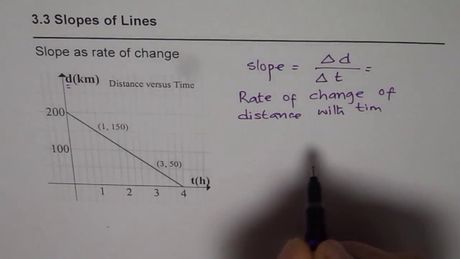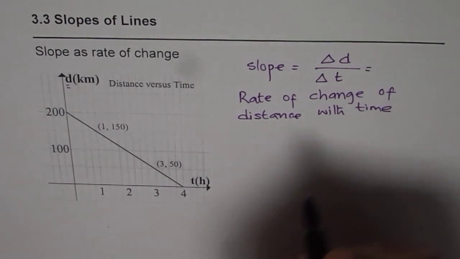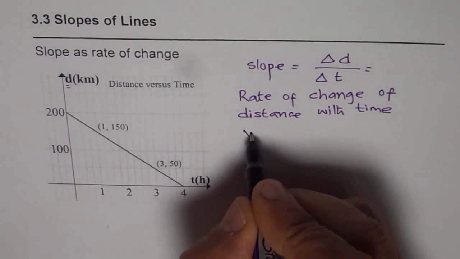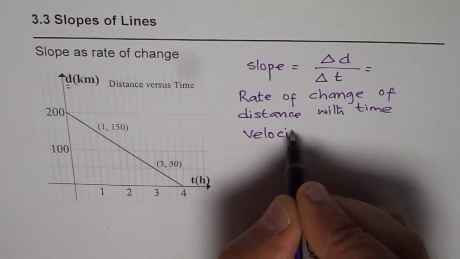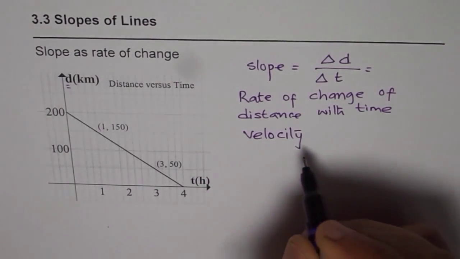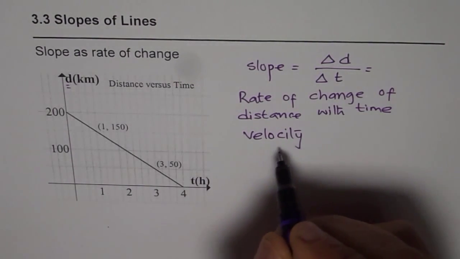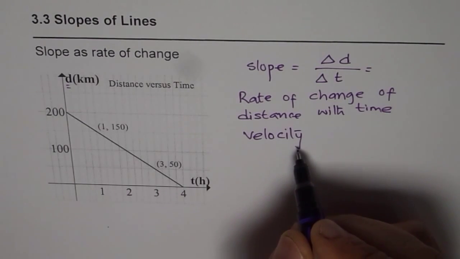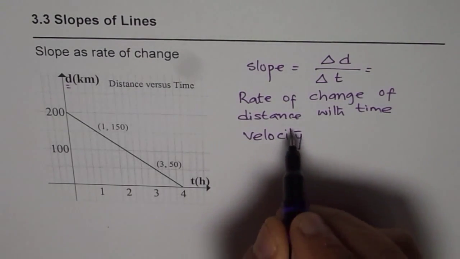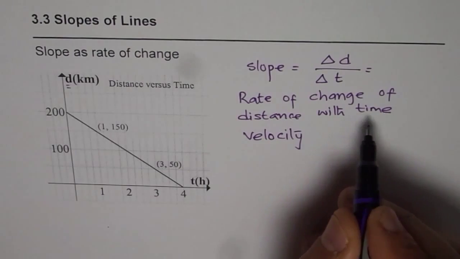And what is rate of change of distance with time? It is velocity, right? Velocity, or we can say speed when we are not worried about the sign. So velocity is rate of change of distance with time.